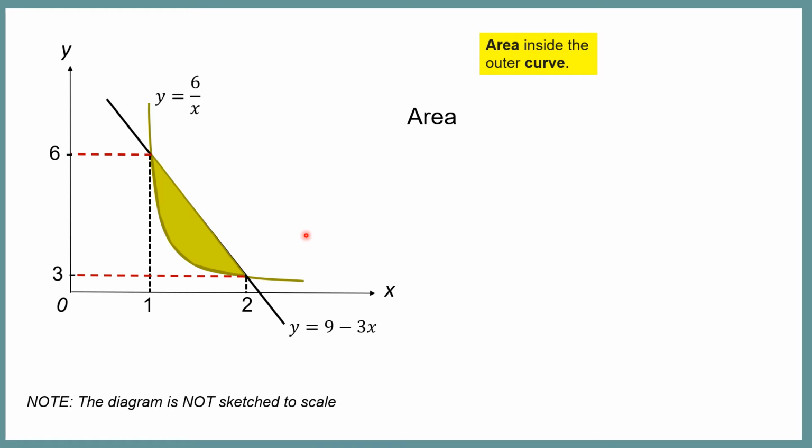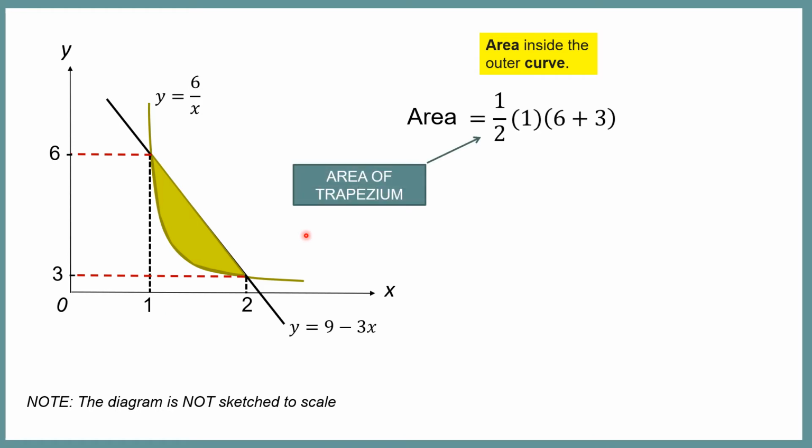Thus, the area of the trapezium is half multiplied by the width, which is 1, multiplied by the sum of the parallel sides, which is 6 plus 3, minus the area inside the inner curve, which is the integral of 6 over x from x equals 1 to x equals 2.